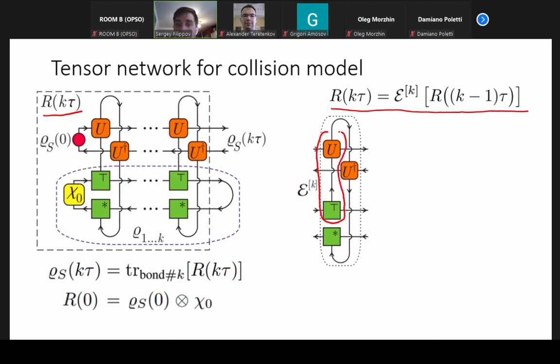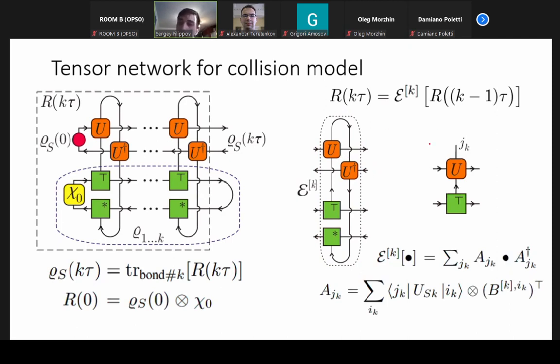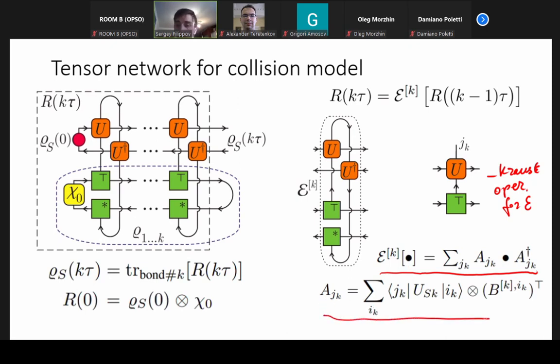The first part is this element, and a complementary element will be here. And those elements describe the Kraus operators of the map. So here it is a Kraus operator for E.